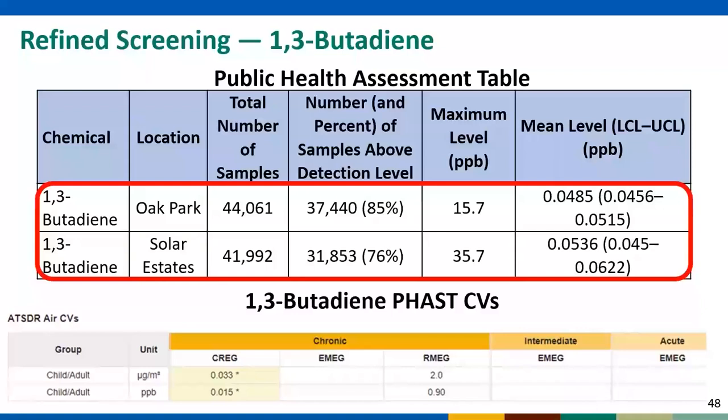The bottom table from FAST shows that there is no acute EMEG. Therefore, I did look at 1,3-butadiene for short-term exposures at this site. For long-term exposures, the means, upper confidence limits or UCLs, and lower confidence limits or LCLs were all above our Craig CV. Therefore, I did screen 1,3-butadiene into my long-term evaluation for this site too.